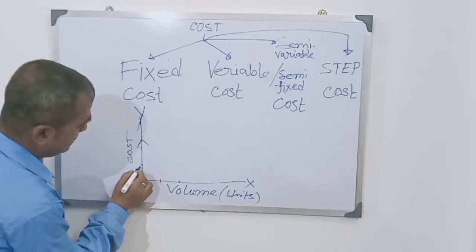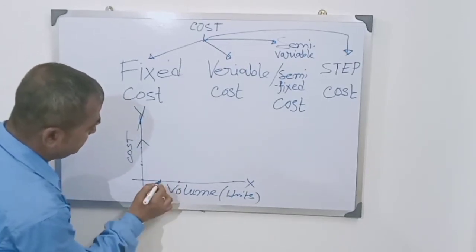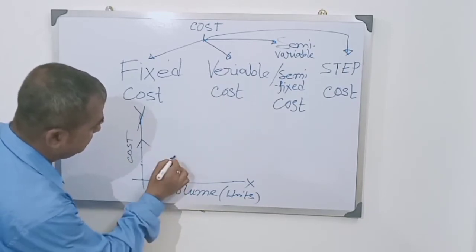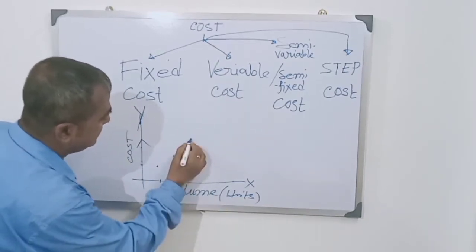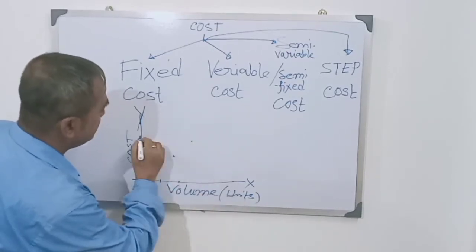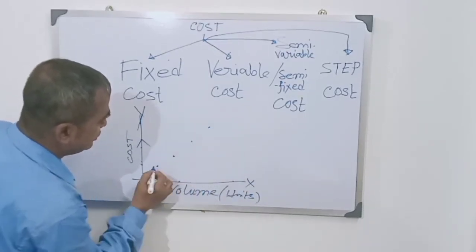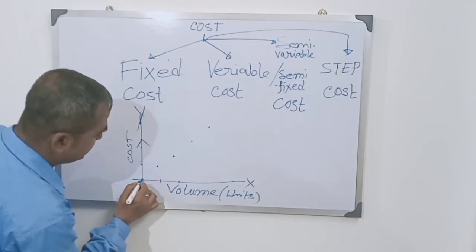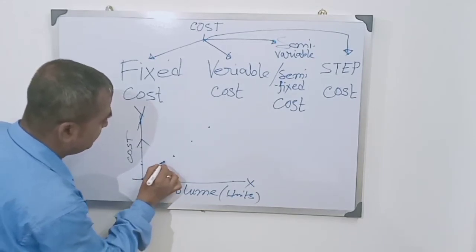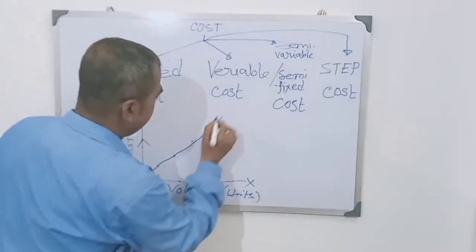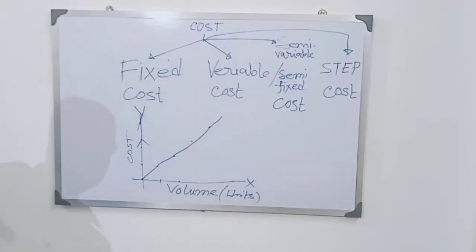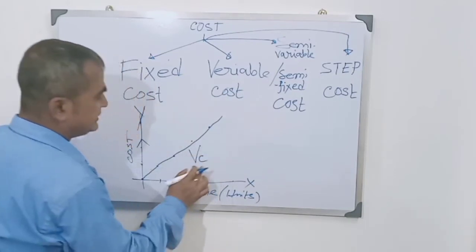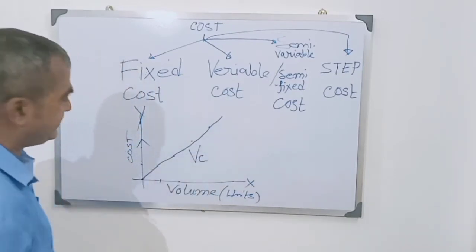If you draw perpendiculars, imaginary, then there is a point of intersection there, and again points of intersection. So it will start from 0 and 0, nothing. From the 0 point, it will go like this. This is the variable cost curve.